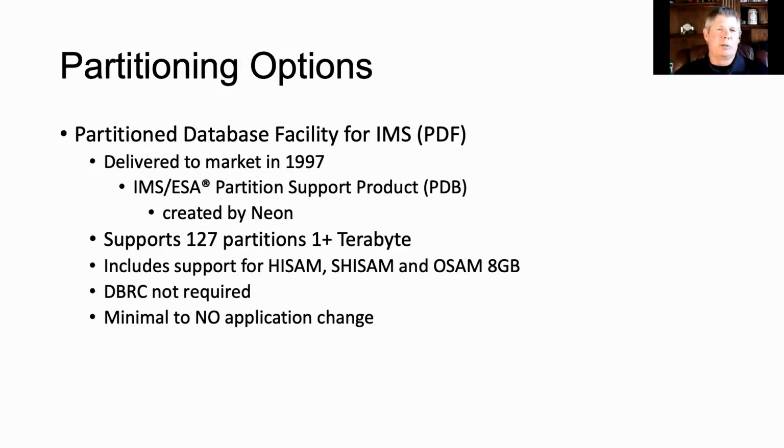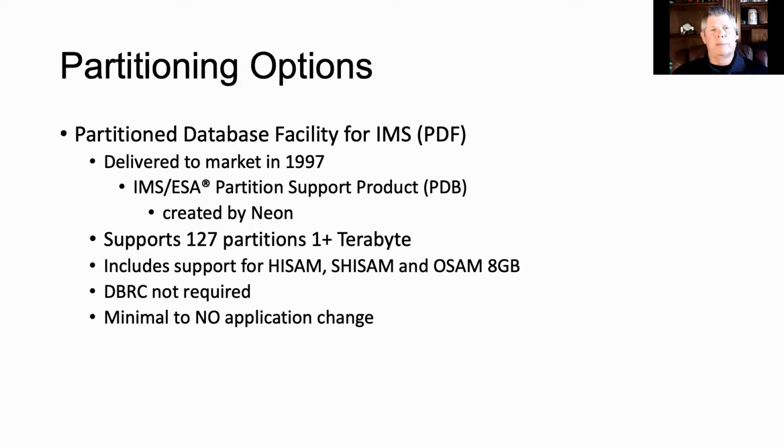This was IBM's first partitioning product that they came out with before they came out with HALDB. And once HALDB came out, they turned this product back over to Neon and allowed Neon to sell it. And that was kind of Neon's start and run. But after that, BMC bought Neon back in 2011, and we picked up that product.